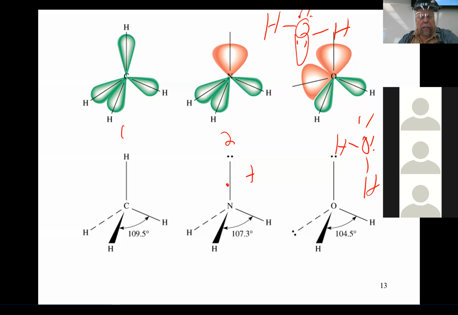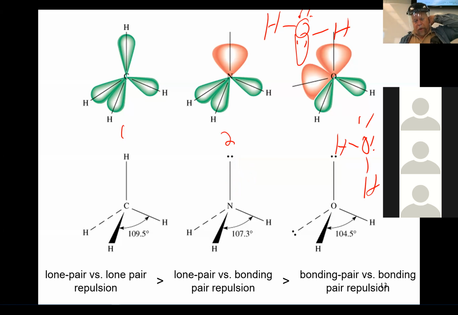So I'm going to erase this here so you can see what's going on. Okay, so here you've got a lone pair versus lone pair repulsion. Then you've got a lone pair versus a bonding pair. The lone pairs on the left are in the bonds themselves. Then you've got the lone pair versus bonding pair repulsion, and then you've got bonding pair versus bonding pair repulsion there.